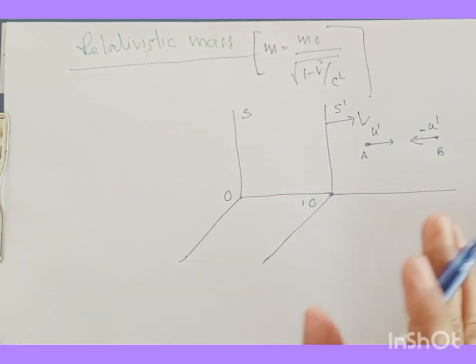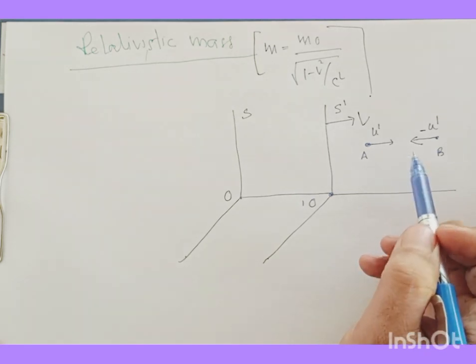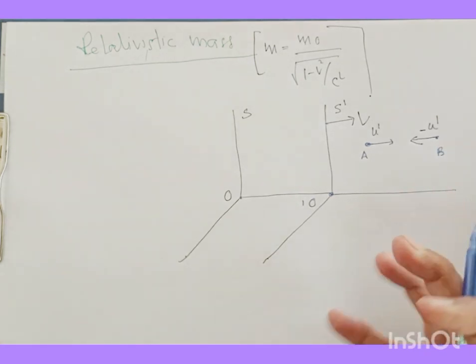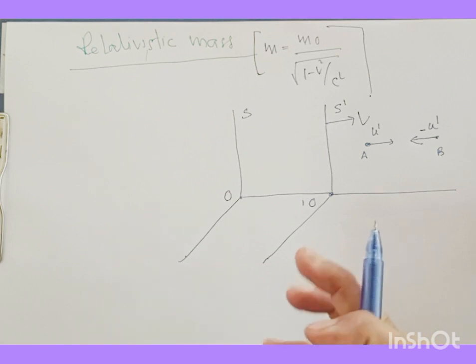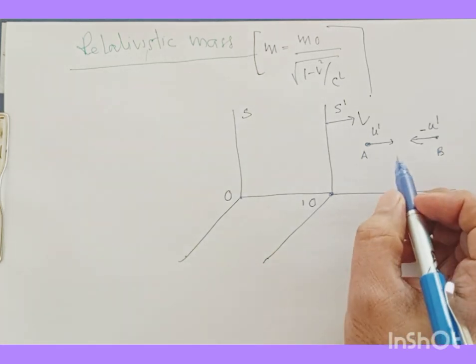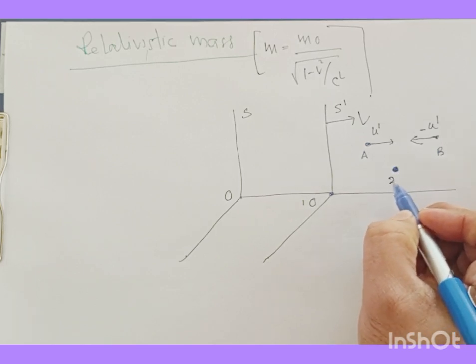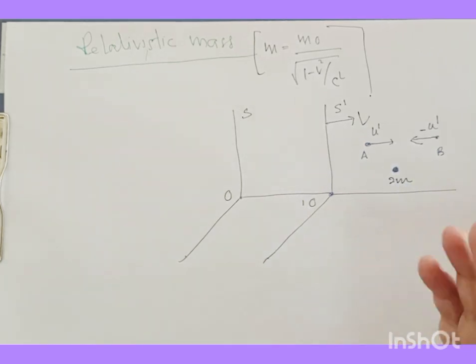Now these two balls collide in S dash, and after collision, they stick to each other. They coalesce into a single mass 2m after the collision.